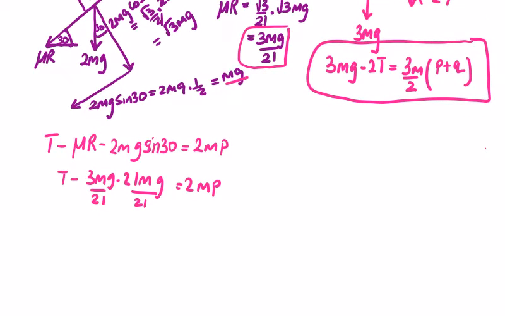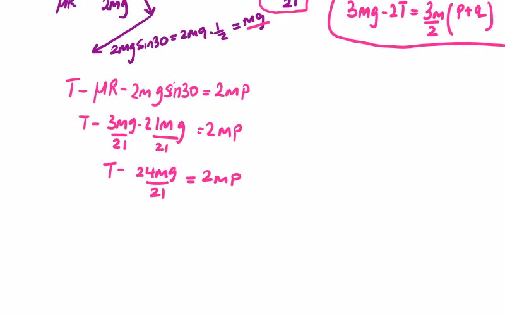So we have T minus 24mg over 21 is equal to 2mP. And 24 over 21 simplifies, so we're going to get T minus 8mg over 7 is equal to 2mP.